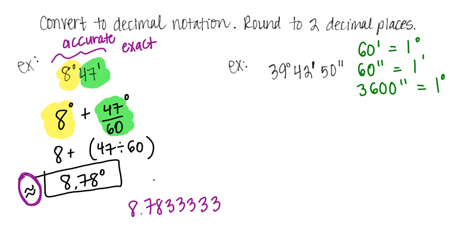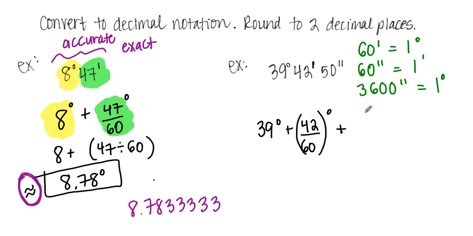And that's going to be important right here because we're going to take 39 degrees. We're going to add 42 minutes and make it degrees. So we've got 39 degrees plus 42 now out of 60 because there's 60 minutes in 1 degree.